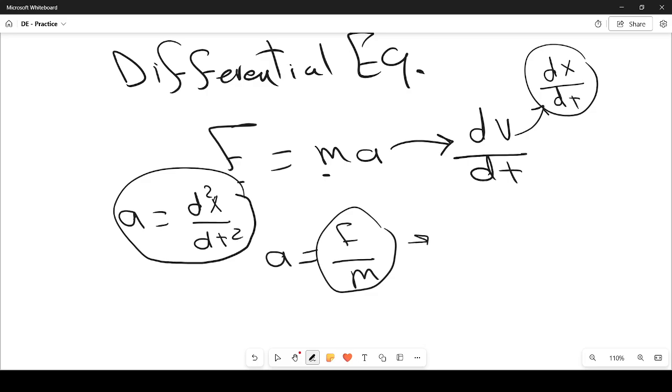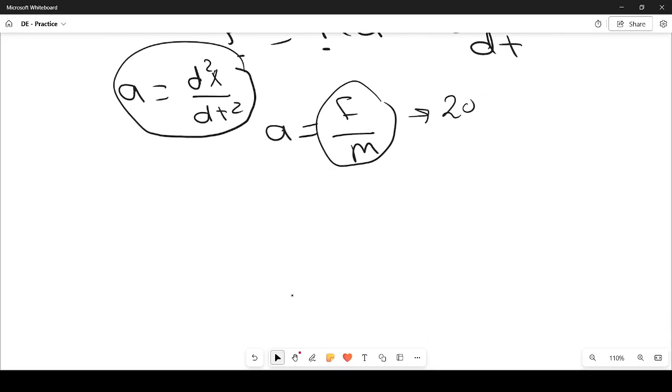Let's say this equals 20, anything. So let's start with d squared x over dt squared, which is the acceleration, equals 20.